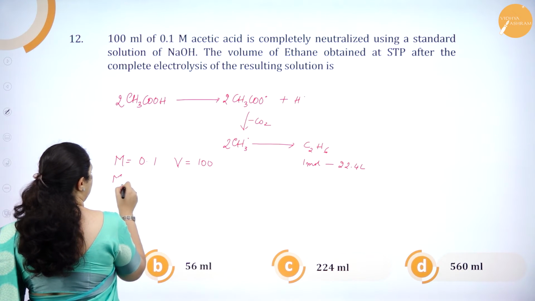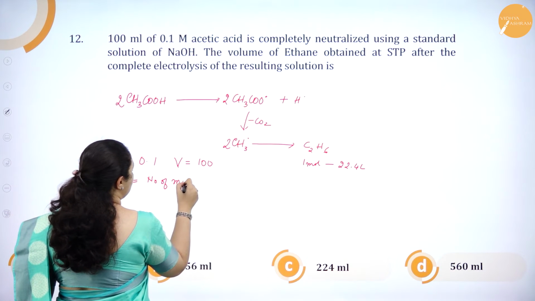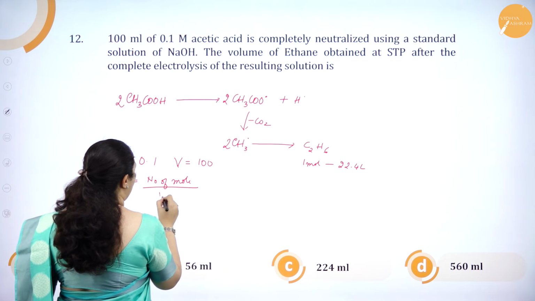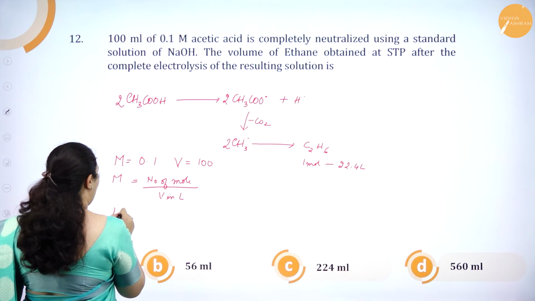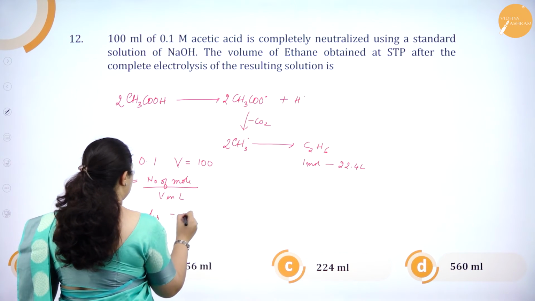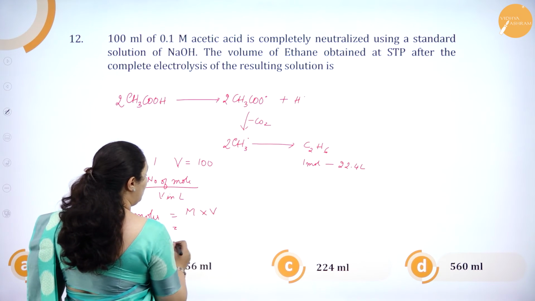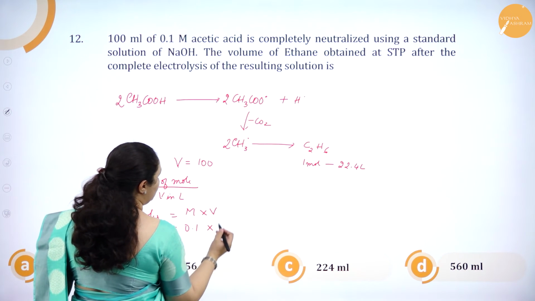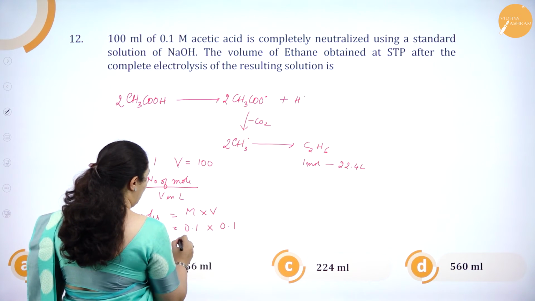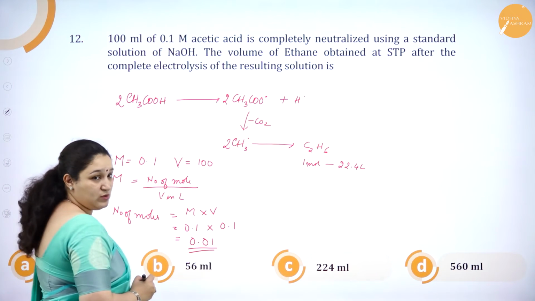Molarity formula is the number of moles of the solute by volume in liters. So the number of moles of acetic acid is molarity into volume in liters. Molarity is 0.1. Volume 100 ml in liters is 0.1. 0.1 into 0.1 is 0.01. This is the number of moles.